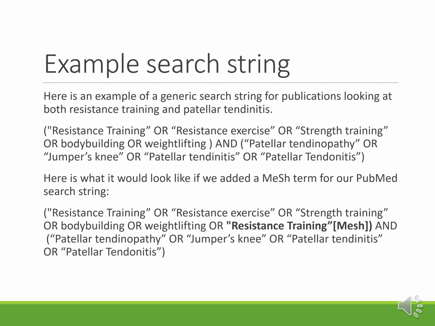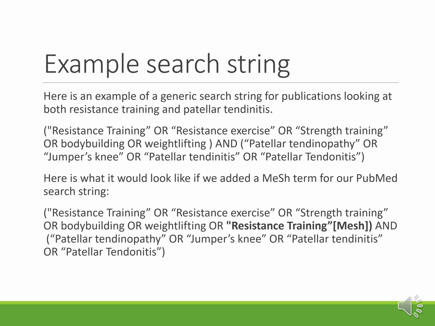So here we put together, and for phrases we use quotation marks, resistance training OR resistance exercise OR strength training OR bodybuilding OR weightlifting, all in parentheses to say that we are interested in any one of those terms. And also any one of these terms. Again, we have the parentheses: patellar tendinopathy, OR jumper's knee, OR patellar tendinitis.